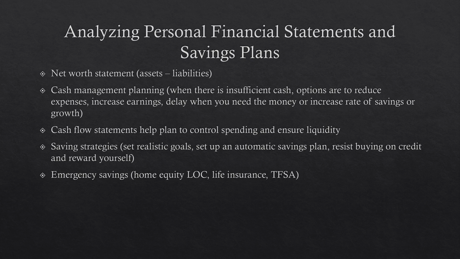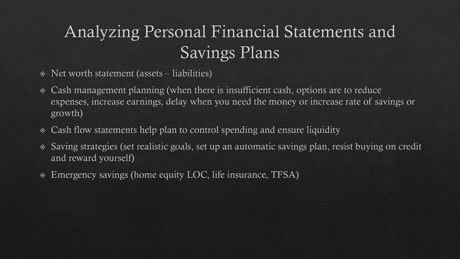Next, we'll take a look at cash management planning. So when you are planning just cash management, you can sometimes look at a cash flow statement to figure out if you're bringing in extra money every month or you're spending more than you're actually making. So when there is insufficient cash, when you have a negative cash flow, you have a few options.